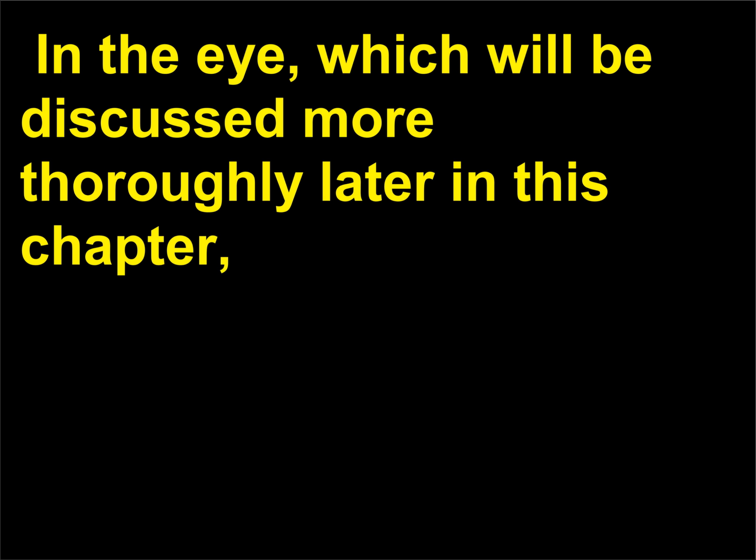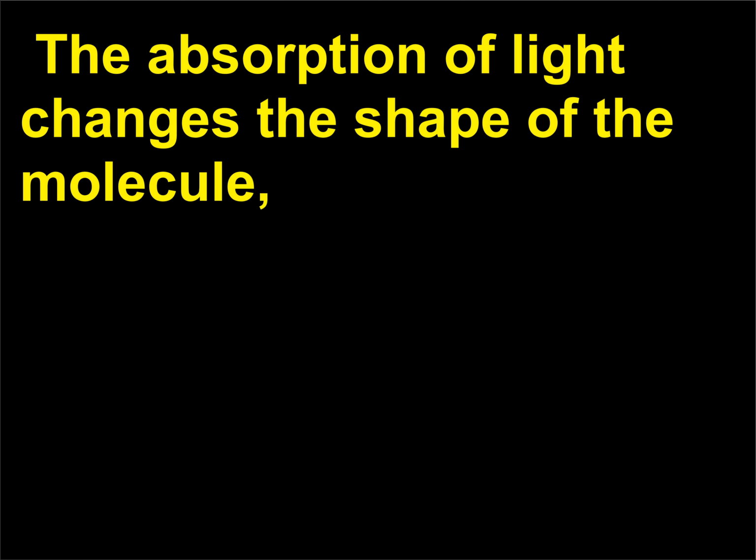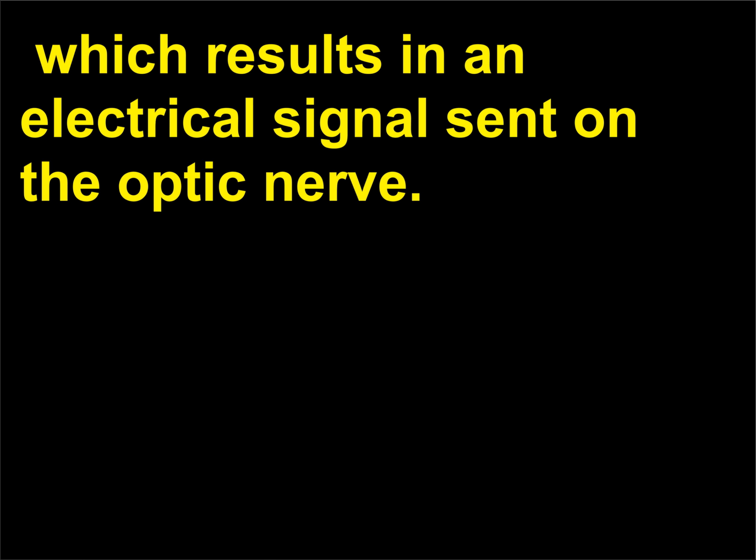In the eye, which will be discussed more thoroughly later in this chapter, light strikes a molecule called an opsin. The absorption of light changes the shape of the molecule, which results in an electrical signal sent on the optic nerve.